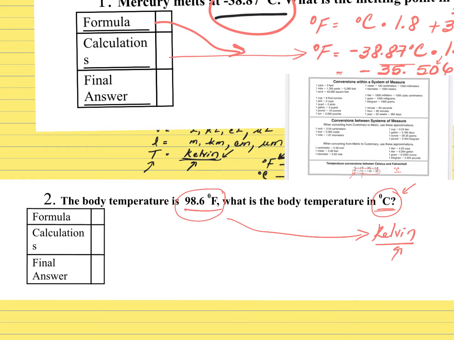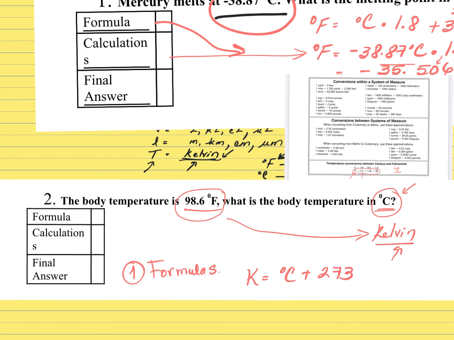Simple. My first step is always to write the formulas that I need to use. If you look in your textbook, you can convert from degrees Celsius to Kelvin by adding 273.